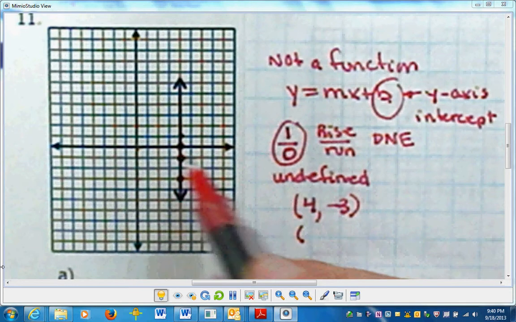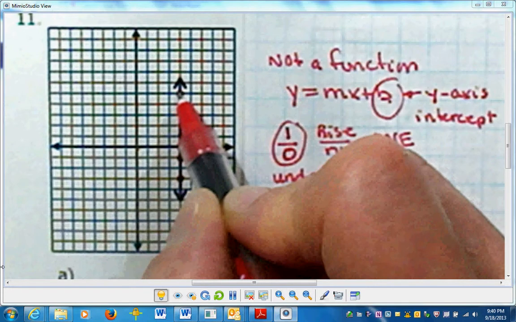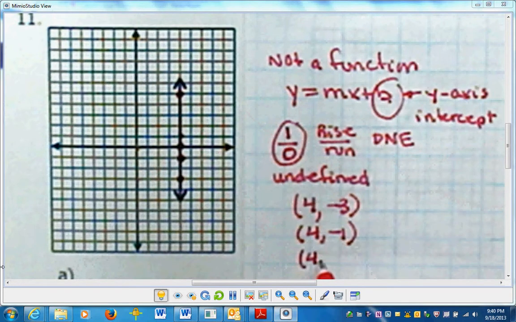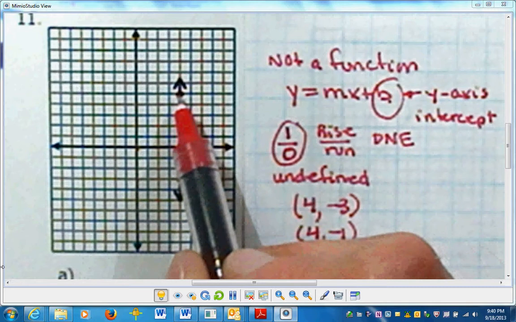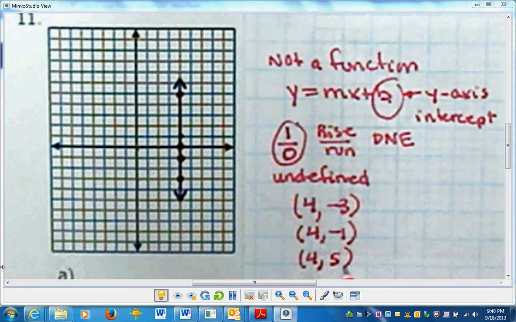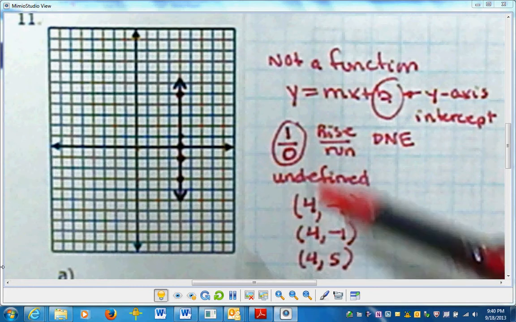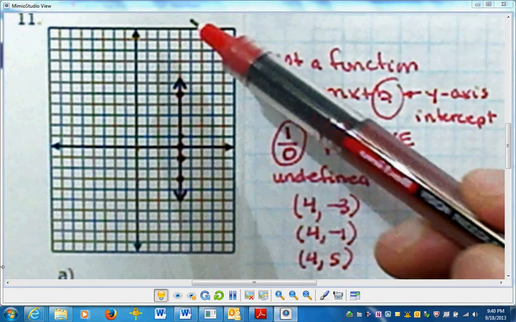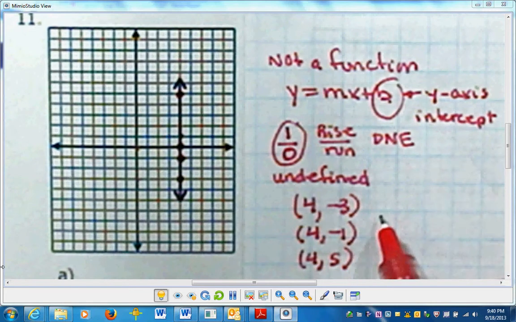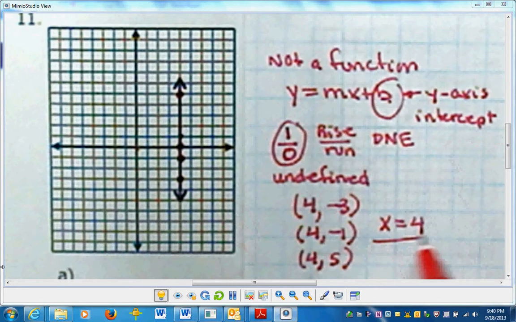Well, x is still 4, isn't it? y is -1. Let's go up here. My x is still 4, and my y is 5. So my x isn't changing, is it? My x is the same all the way on that line. My x is 4 everywhere on that line. So that's the equation of my line: x equals 4.